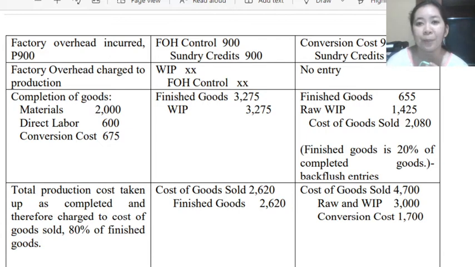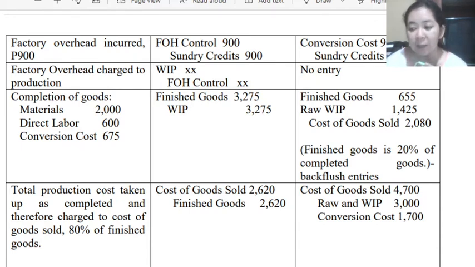For traditional accounting, we debit finished goods for the total and we credit work in process. For just in time, we debit finished goods and raw in process and credit cost of goods sold already, upon the completion.